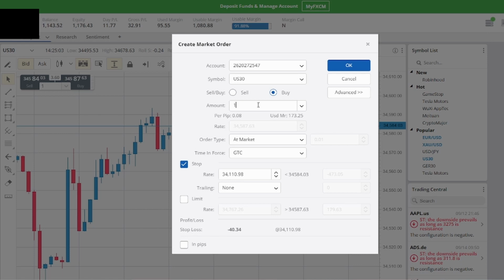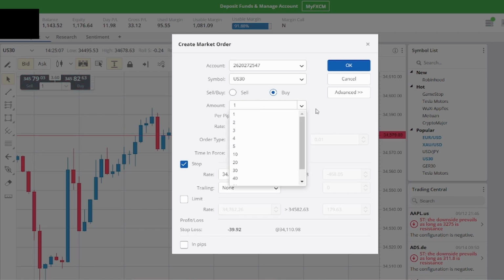So I don't know if I can go lower than, if I can buy 0 point something. Not happening, so I think 1 is too low.